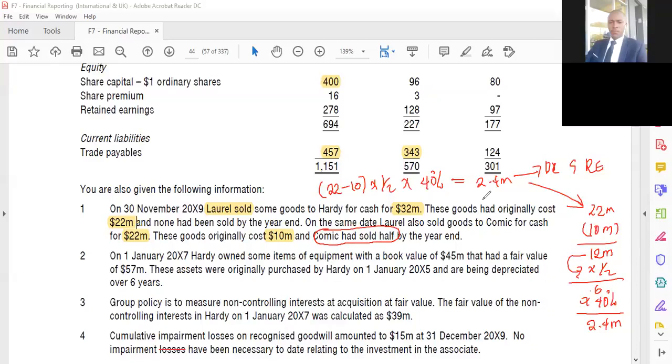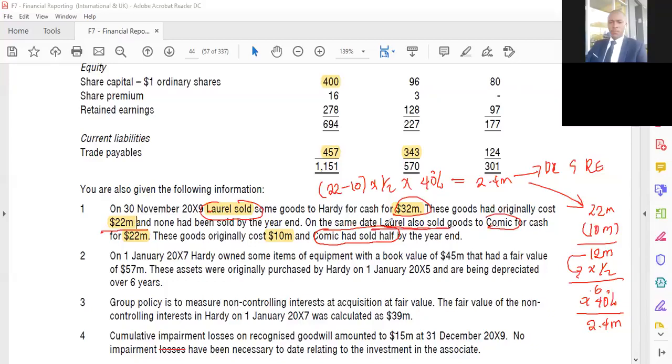No. Here what's happening is that the parent sold to the subsidiary, goods worth this much, costing this much. Now at the same time, on the same date, the parent also again sold to the associate.